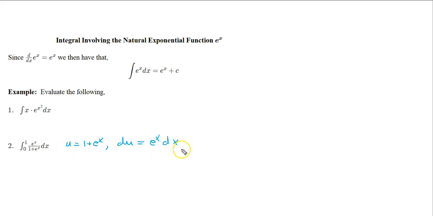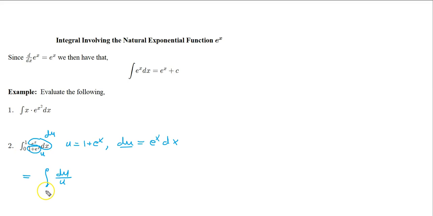And now, using these values to substitute into our integral, let's notice that the e to the x dx part becomes du, and the denominator, 1 plus e to the x, is u. So then this definite integral will become, and now we have to change our limits of integration.